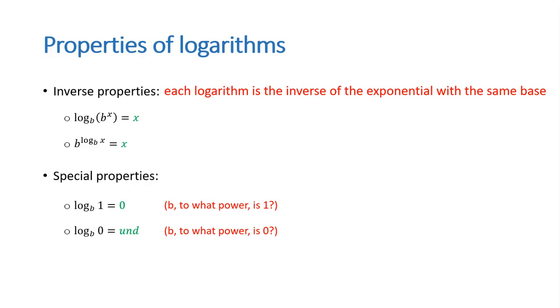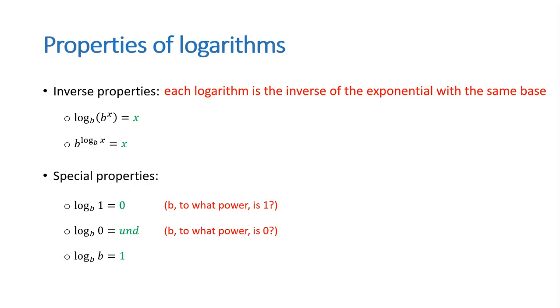On the graphs of our exponentials, this gave us a horizontal asymptote. We got really, really close to y equals 0, but all we're getting is teeny tiny fractions. We're never actually getting something identically equal to 0 as an output. So there is no exponent we can raise our base to in order to get an output of 0. So log base b of 0 is undefined.